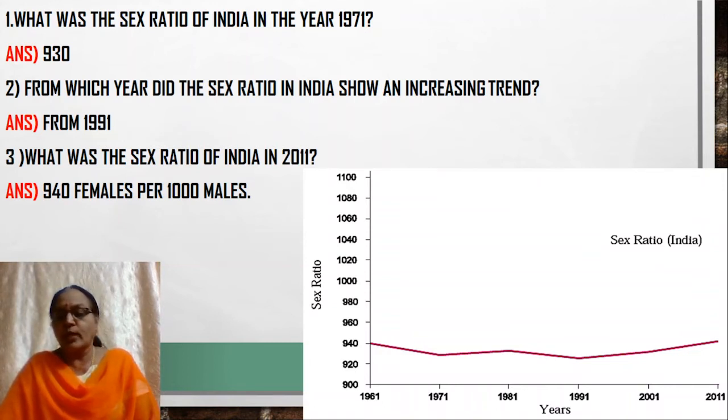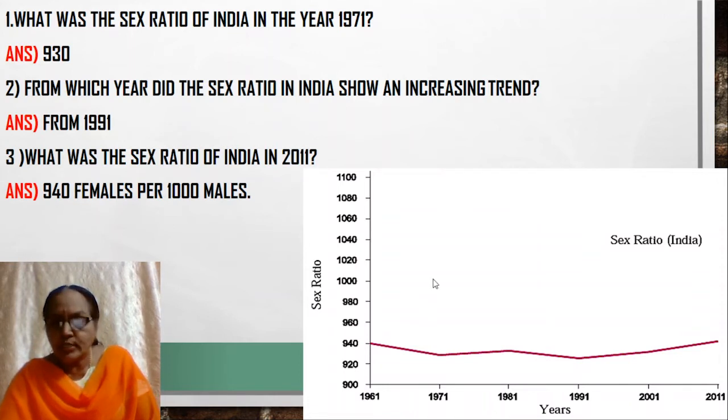After 1991, we found there was a steady increase in the sex ratio of India. Now, your question is, from which year did the sex ratio in India show an increasing trend? So, it is from the year 1991. Got that? Okay. Moving on to the third question.